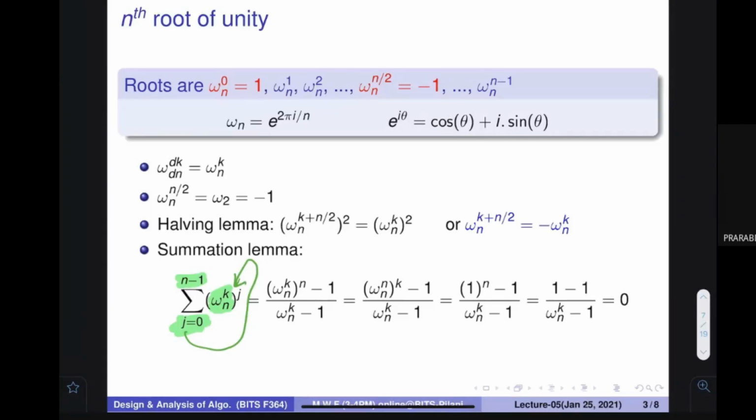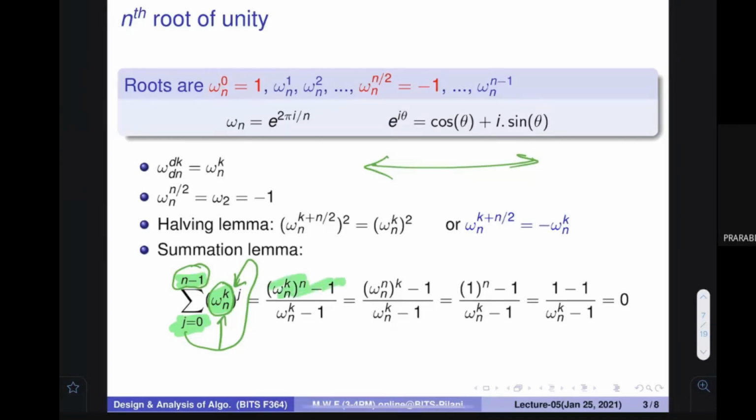Any root you are going to take, n such summations are there. Since it is just a multiplication, you can say that it is omega n to the power k n minus 1 divided by omega n to the power k minus 1. Here we only assume that this k is not divisible by n.